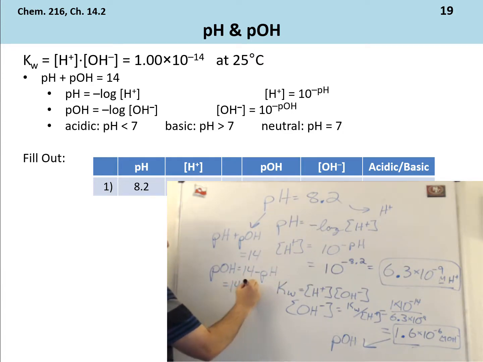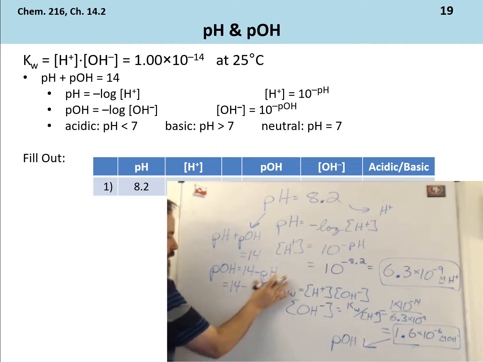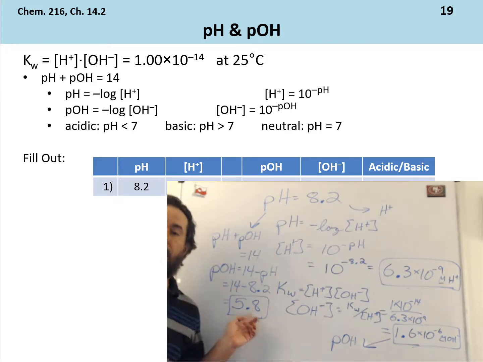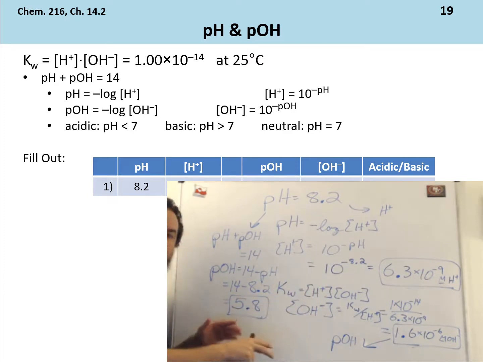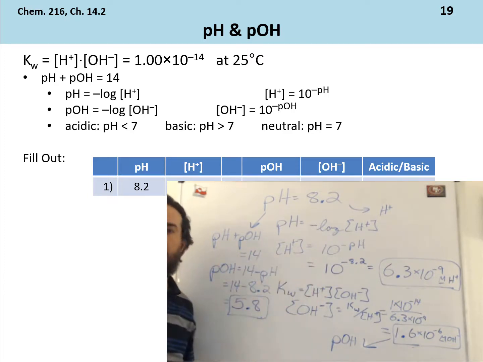That's 14 minus 8.2, or 5.8. Okay? pH and pOH don't have units. I don't put 5.8 pH. I just say the pH is 5.8.